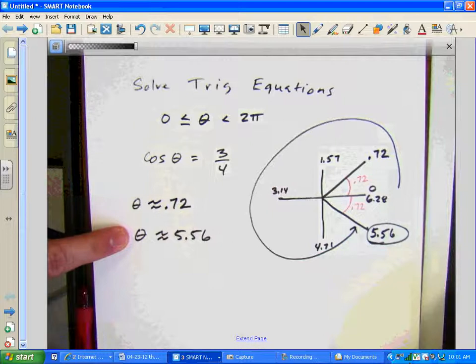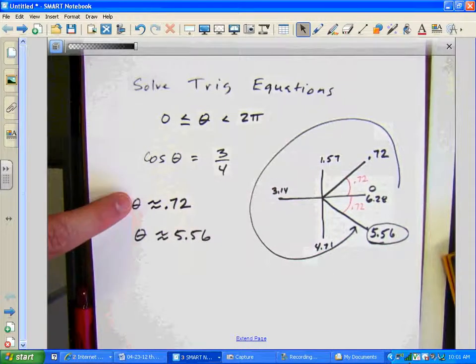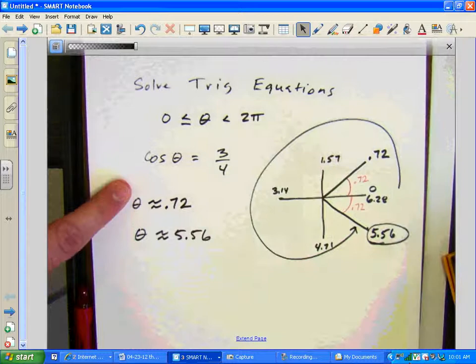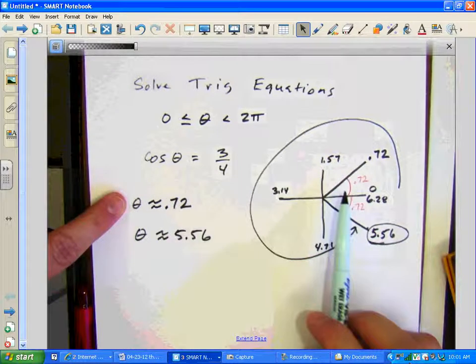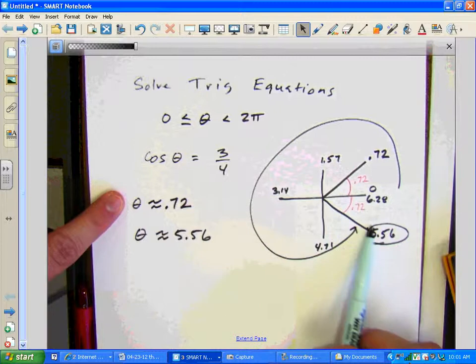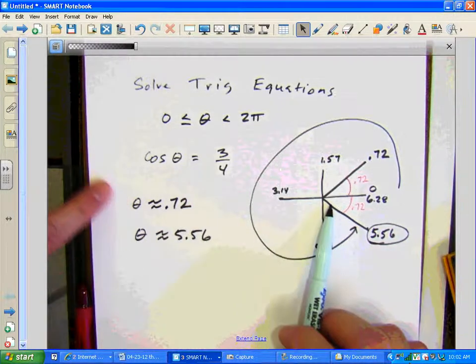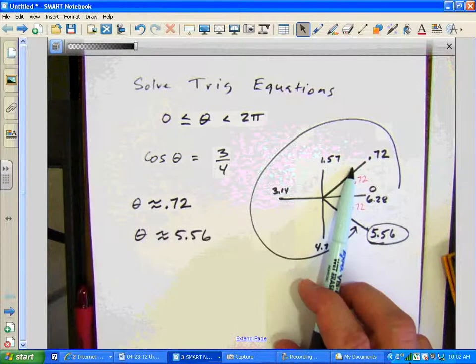Now let's go back through how we found this answer. We got 0.72, which was in the first quadrant. How did I know I was supposed to draw this angle down here and maybe not over here? Cosine is positive in the first and fourth.